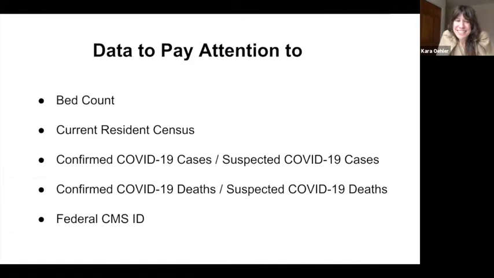When you look at this data, some data to pay attention to within it is bed count and current resident census. What we know about reporting is that facilities enter in licensed bed count right when they start reporting as a facility, and that number stays static typically. Current resident census can change every week, and you might find that those numbers are sometimes even larger than bed count.